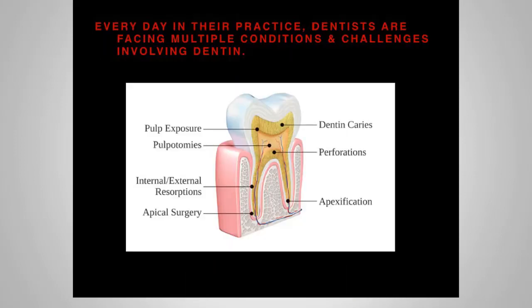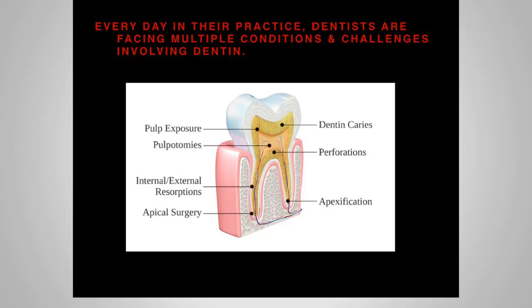So every day in our practice, we see all of these things coming at us, and in many of them, we don't even stand a chance against it, because by the time they get to us, it's too far, too late. Especially when we have caries with pulp exposures. If we've just got dentin caries, or for the most part enamel caries, we can protect that pulp. But once it gets too deep, it's not going to happen.